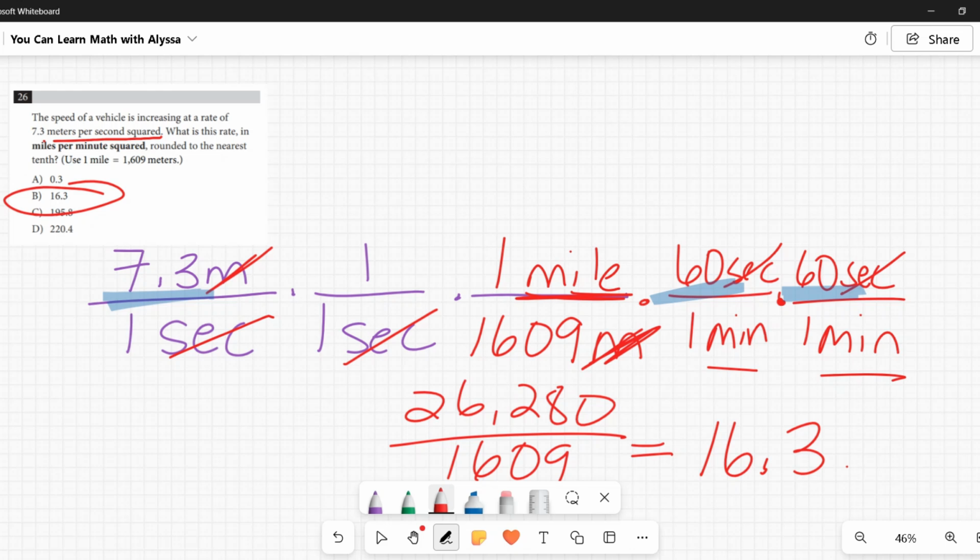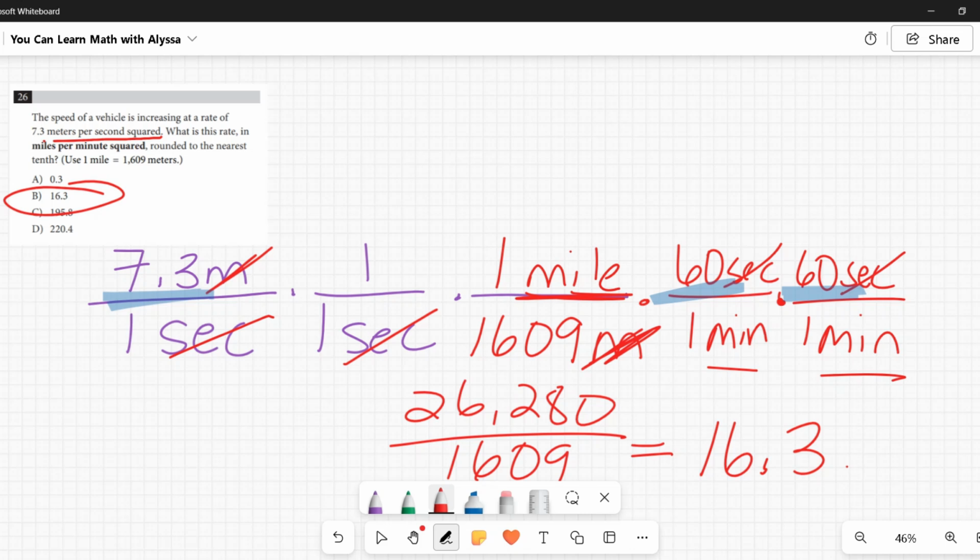Again, I think the biggest part of this is that second squared. I think a lot of students are going to multiply either not enough or too many times and get the wrong answer here, but that is the proportion I think is the easiest to understand way to set that up.